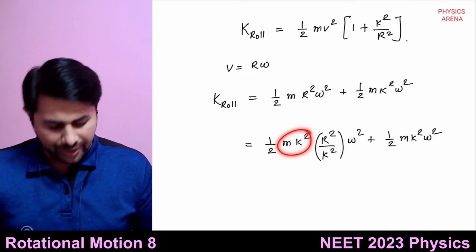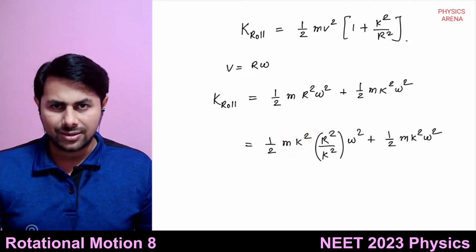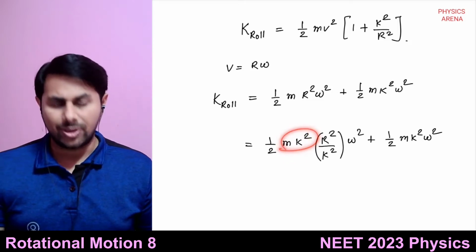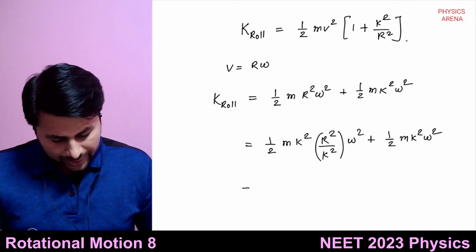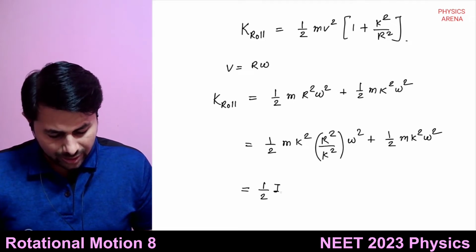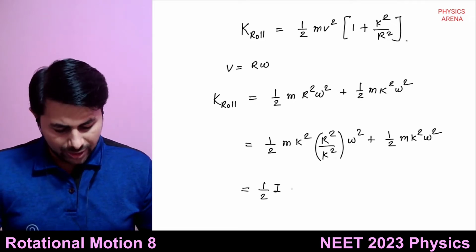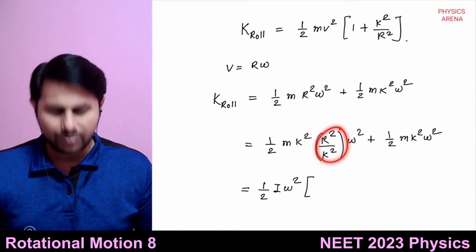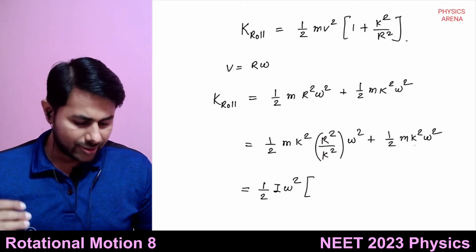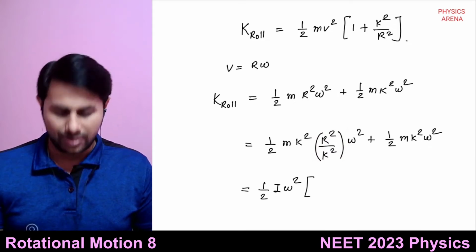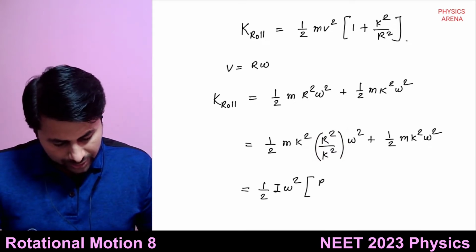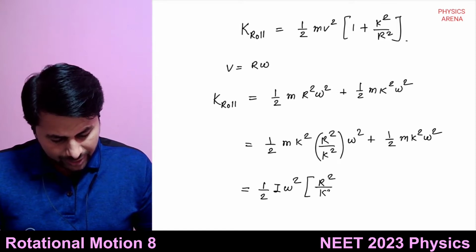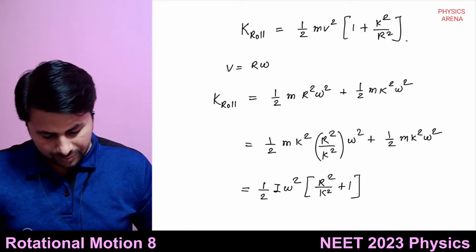So mk square is moment of inertia, right? So I can write this as half of I, the moment of inertia, into omega square multiplied by, from the first term r square by k square, from the second term 1. So it is r square upon k square plus 1.